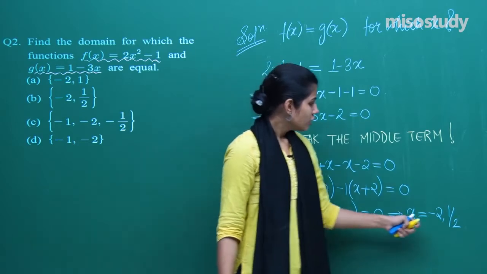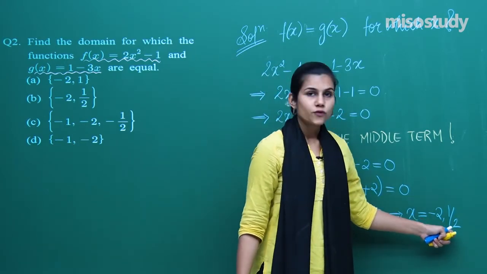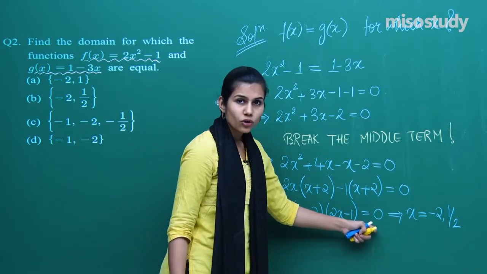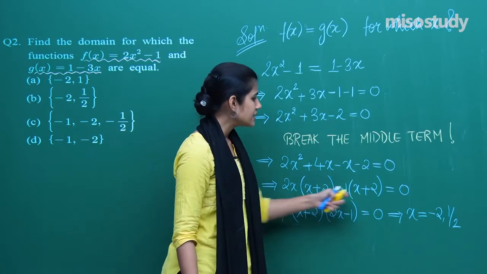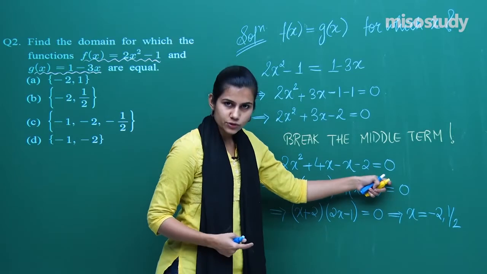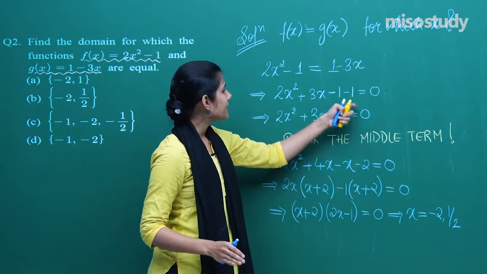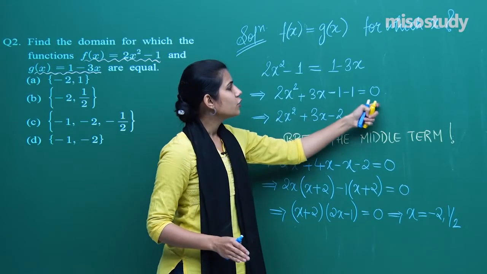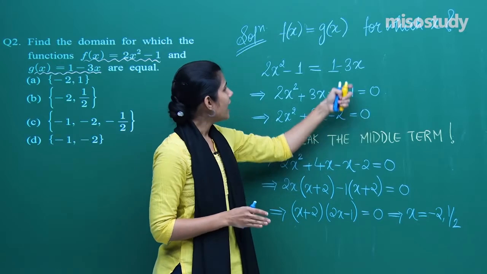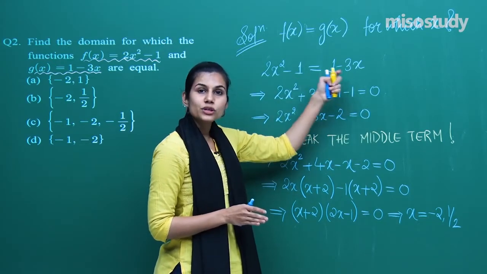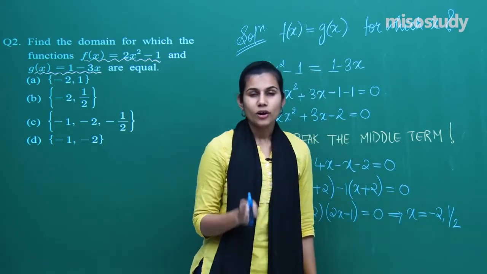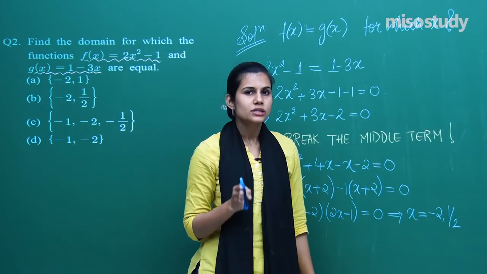This means for x equals minus 2 and x equals half, I am getting the LHS equal to 0. And for the same x's, I am getting LHS equal to RHS, which is 0, which means for these two x, I am getting f(x) equal to g(x), and thus it is these two x which have the power to make f(x) equal g(x).